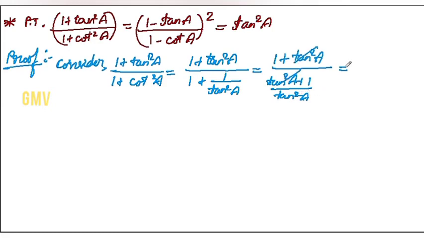So tan square A will come to the numerator. So we get tan square A. Let it be equation 1.